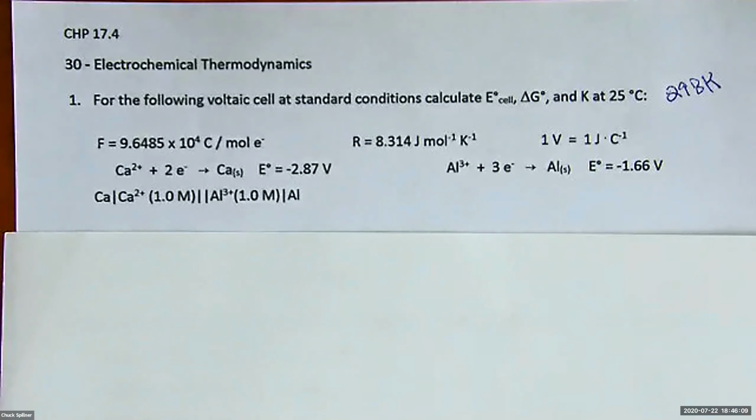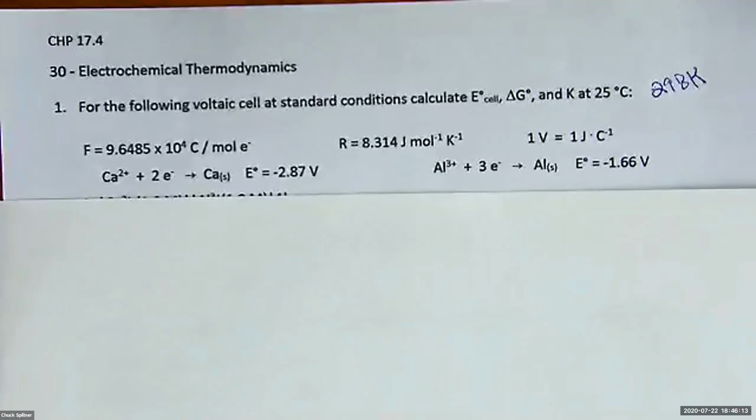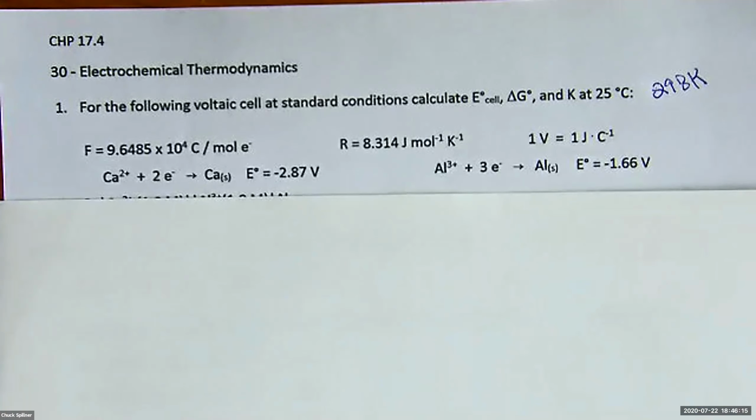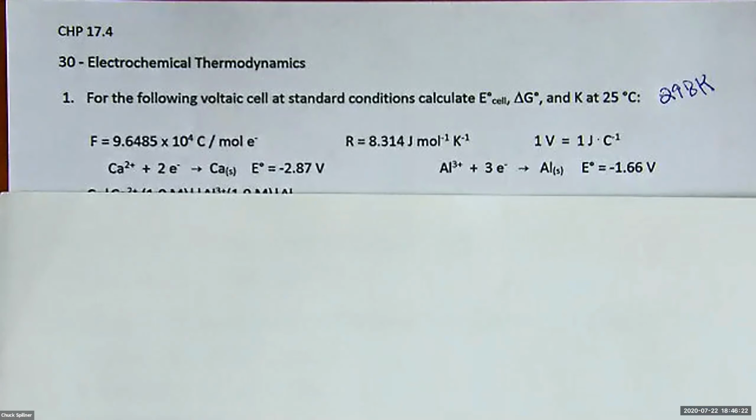Anyway, if you want to use the full equation, here's the Faraday constant, and here's the R value that we would use in these equations, 8.314 joules per mole K, and then the value for volts.